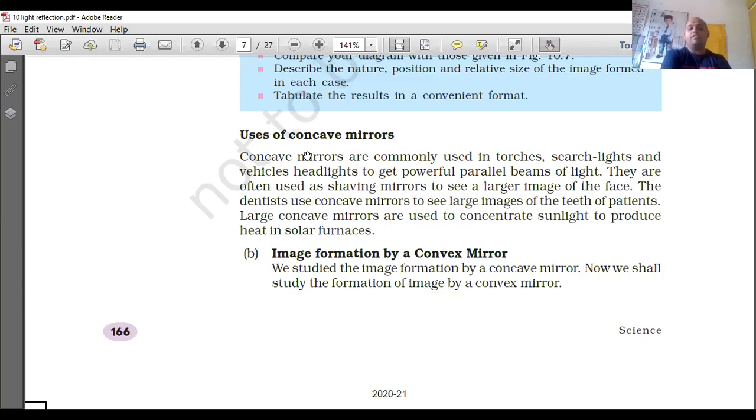Now my question to you all. Mirrors are commonly used in torches, searchlights, and vehicle headlights to get powerful parallel beams of light. You know how the mirror works. You have seen the headlights of your scooter, your Activa, or your car.